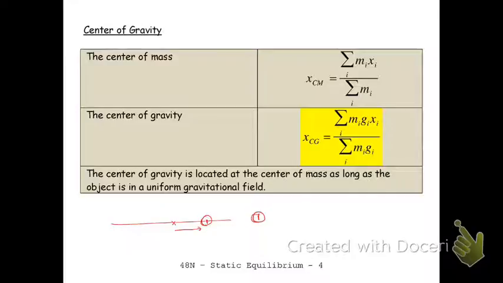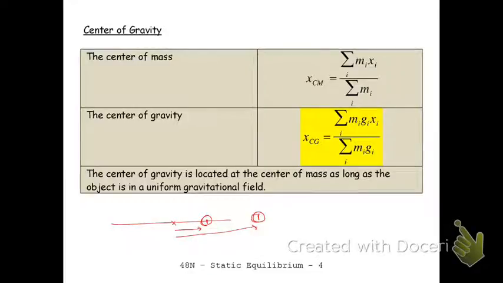What's the mass of the second one, and how far is it from my starting point? It's the sum, for each mass, of the mass times the distance to the starting point, divided by the sum of all the masses. We did that before, yes?